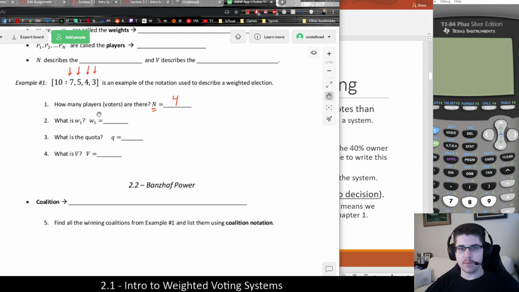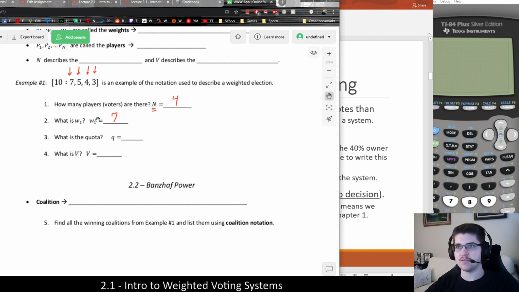W1 would stand for the weight of player 1. So each one of the weights, we differentiate by the number of the player. So if this is player 1, this would be weight 1, weight 2, weight 3, weight 4. If I ever say W sub 1, that's just a slang term in math for subscript, which is what it means when you have a variable with a little number next to it.